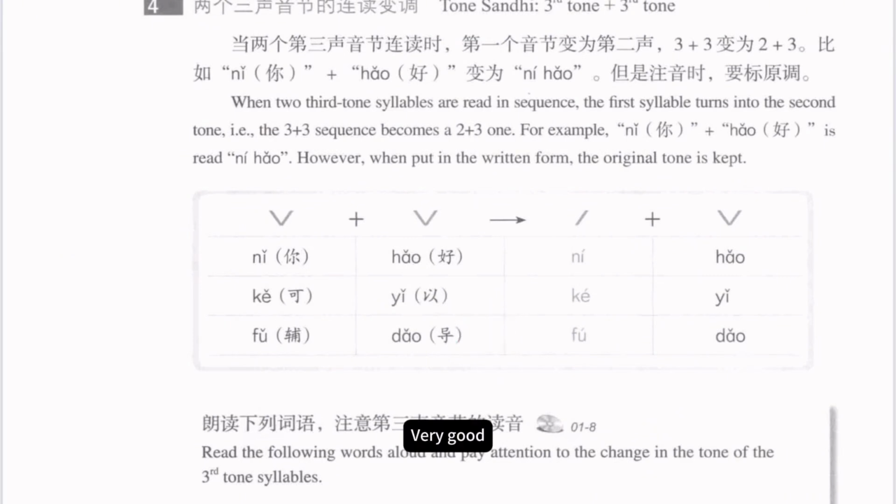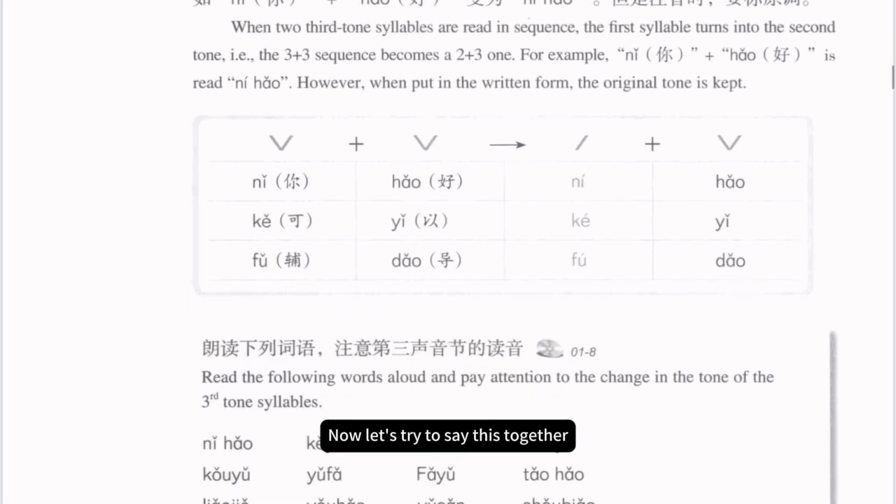Very good. Let us also practice with this one. 辅导. All of them are third tone. First part turns to second tone. Leave the second part the way it is. 辅导,辅导. Very good.